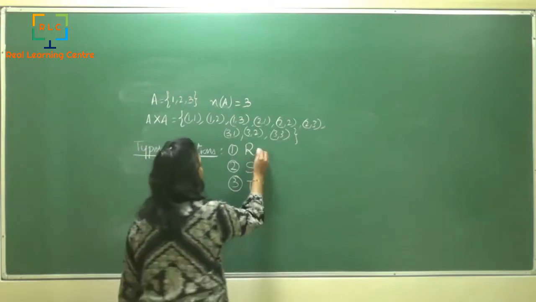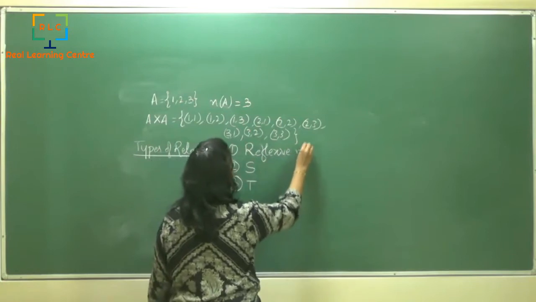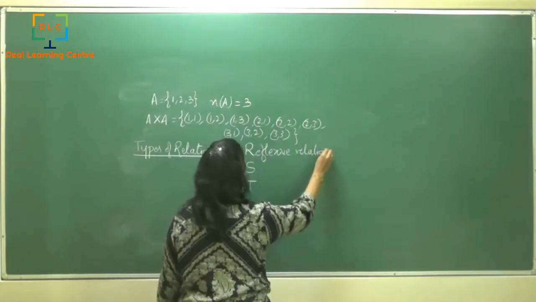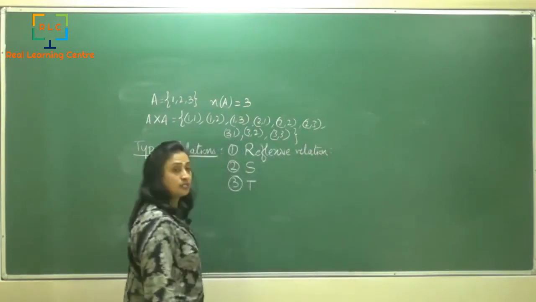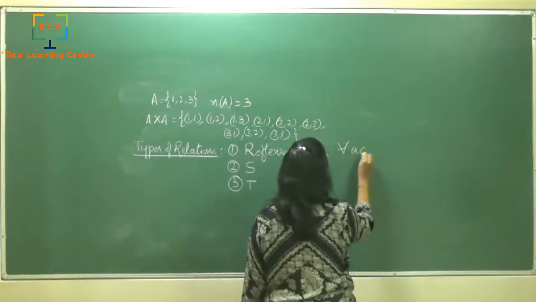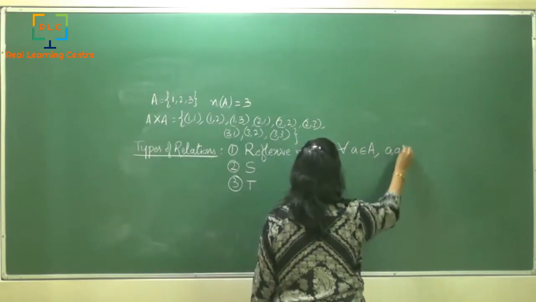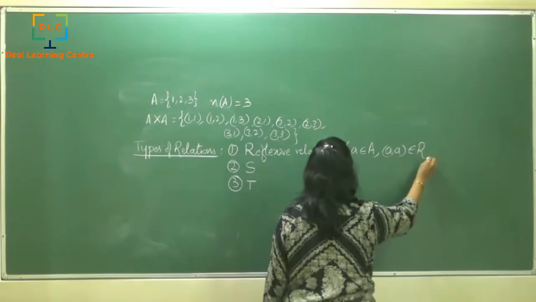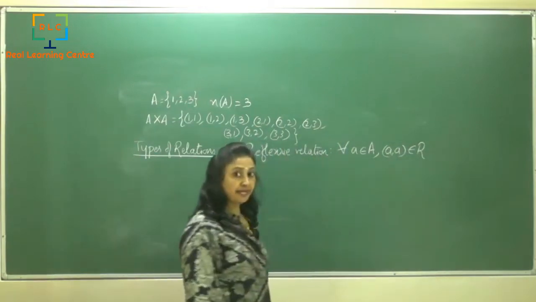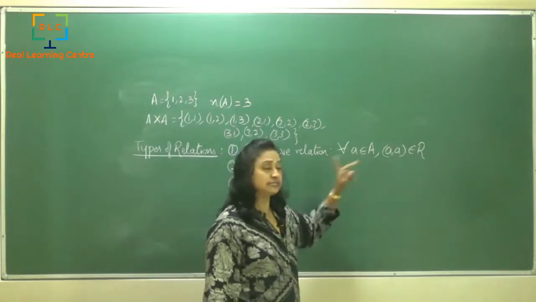So now let us go to the definition of each one of these. You have the reflexive relation. What is the definition of this? For all a belonging to the set A, (a, a) should belong to the relation R. And make it a point that for reflexive relation, I need to know what the set is.